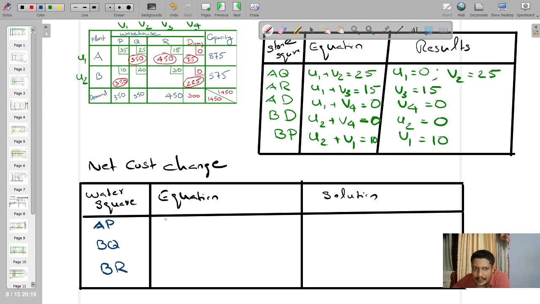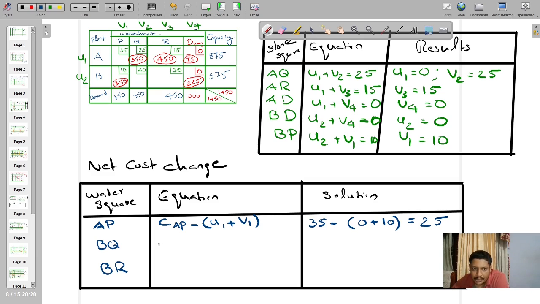So the equation will be C of AP minus U1 plus V1, which implies 35 minus U1, whose value we have solved as 0, plus V1, whose value is 10. So 35 minus 10, we'll get it as 25.